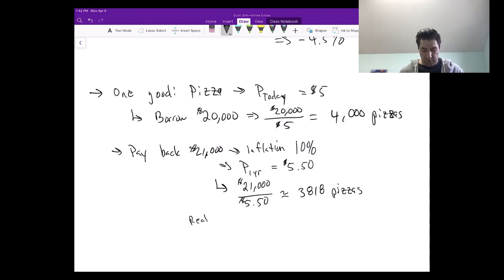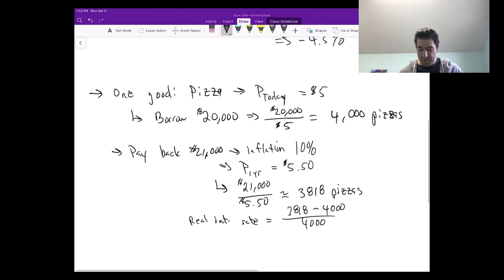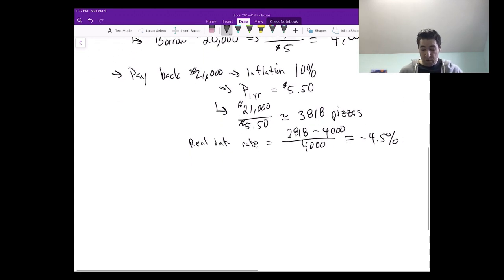So that real interest rate, another way to think of it, is in terms of pizzas. If I take the pizza interest rate here, you'll notice that works out to be minus 4.5%, or minus 4.55%. Just what we thought. So that's what I ultimately care about, right? How many pizzas do I give up by taking out the loan today?